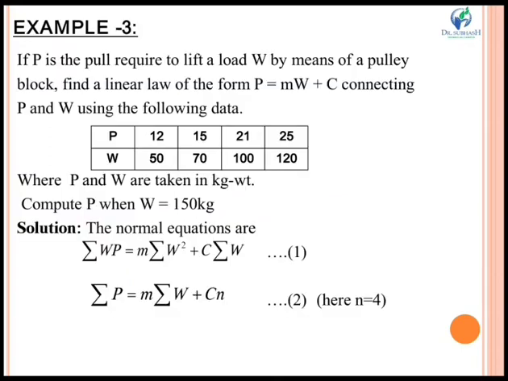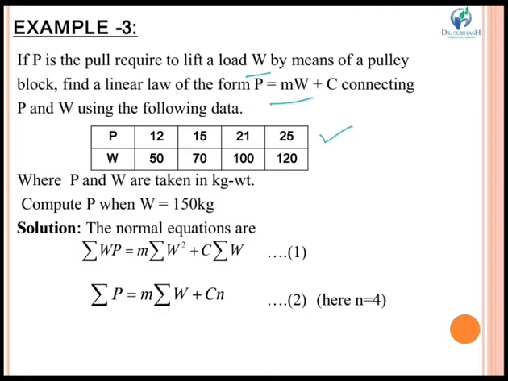Now let us move towards the next example. The next example is: if P is the pull required to lift a load W by means of a pulley block, find a linear law of the form P equal to MW plus C connecting P and W using the following data.